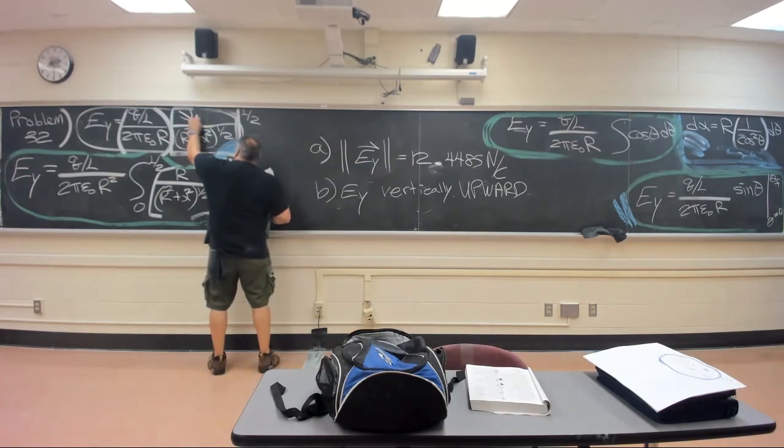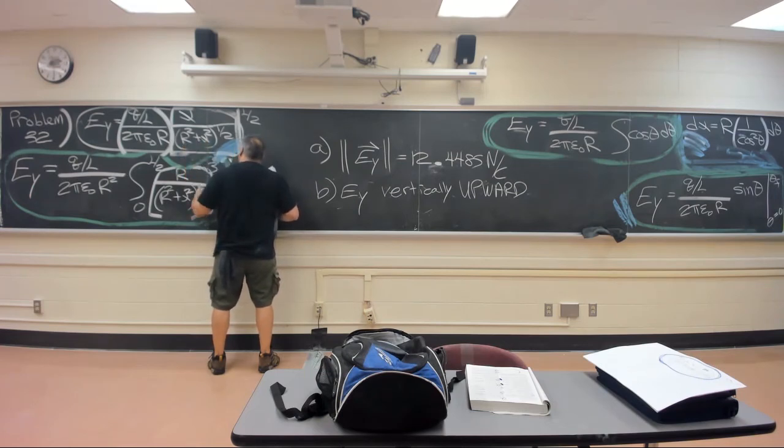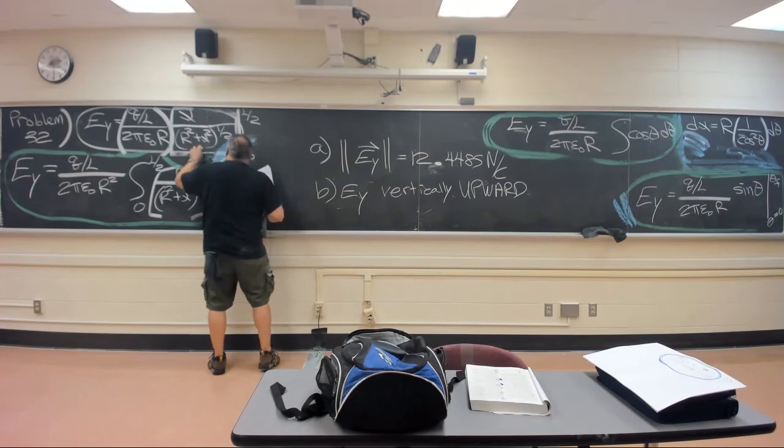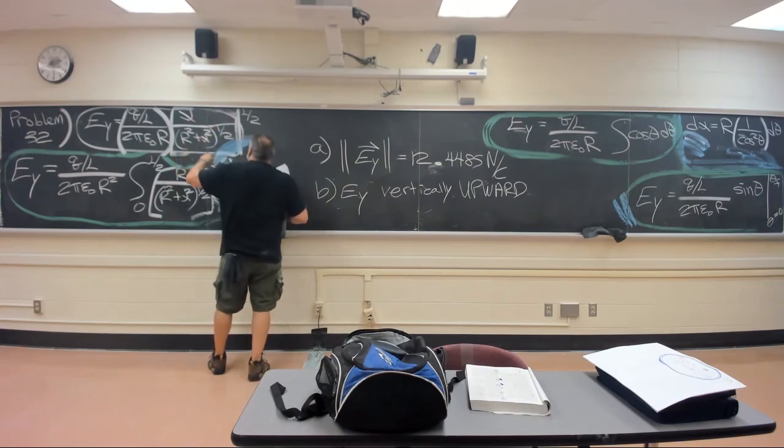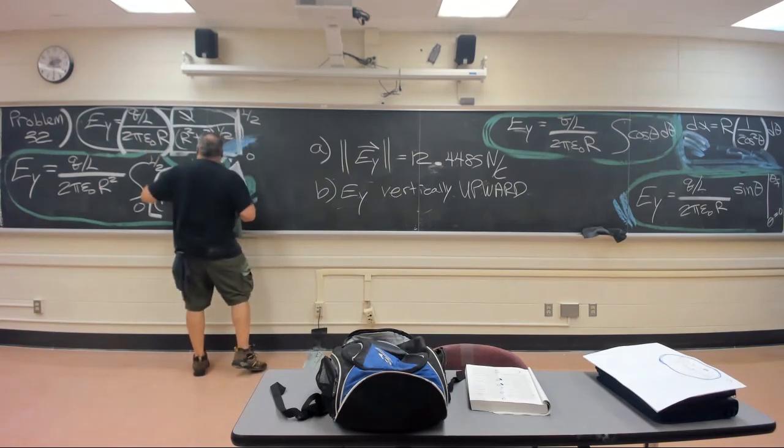If this is L over 2 and this is the quantity L over 2 squared plus r squared, the square root of that is a number bigger than the square root of L squared over 2 squared. It's a number bigger than L over 2. L over 2 divided by something bigger than L over 2 is a number smaller than 1. But it's still a positive number and it still gives you an answer.